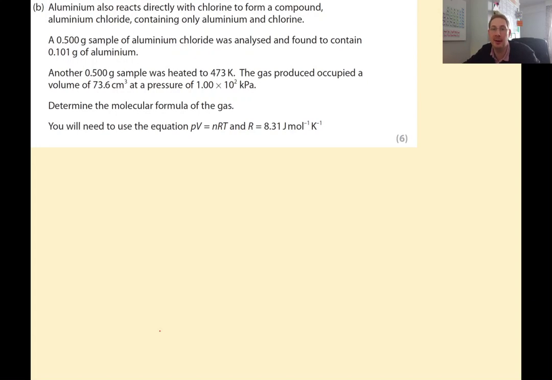So we now need to use PV equals nRT. We've got the temperature in Kelvin, that's fine. We've got the pressure in kilopascals, so we do need to convert that. That is 100 kilopascals, so that is 100,000 pascals.